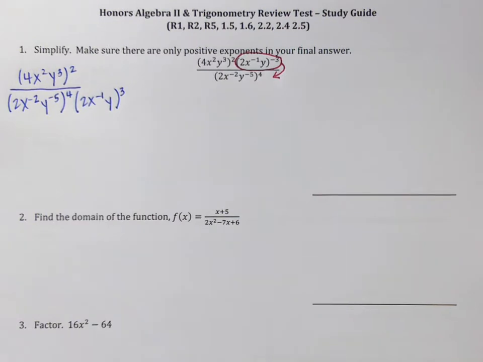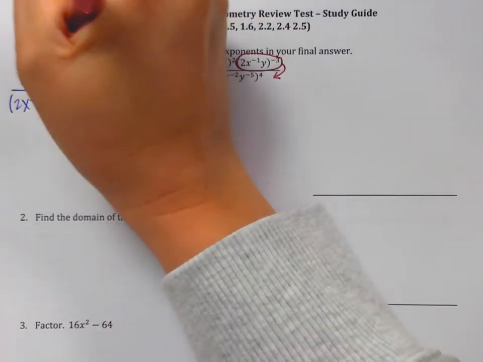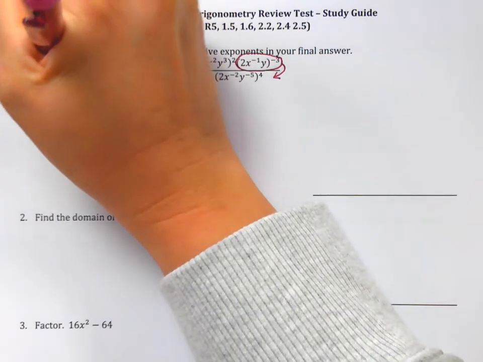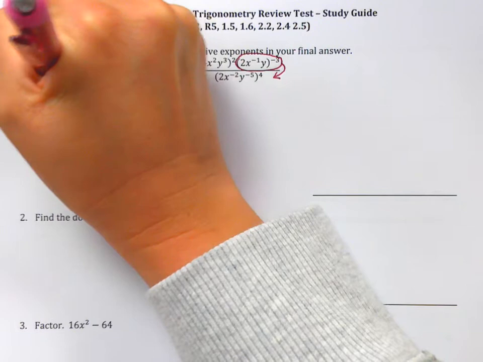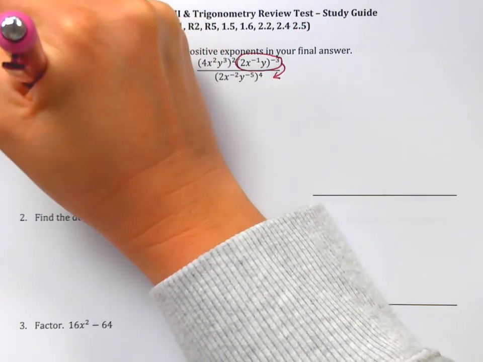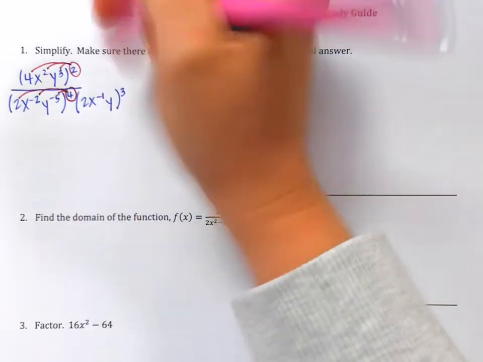Okay, so once I've made all the outside exponents positive, I'm now just going to distribute my exponents into the parentheses. So it's going to be 4 squared, the x to the x2 to the y3. Then the 4 is going to go to the 2, to the x to the -2, the y to the -5.